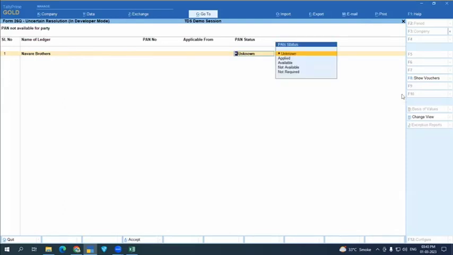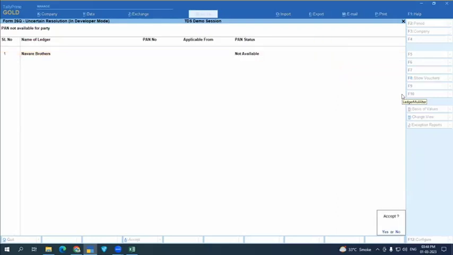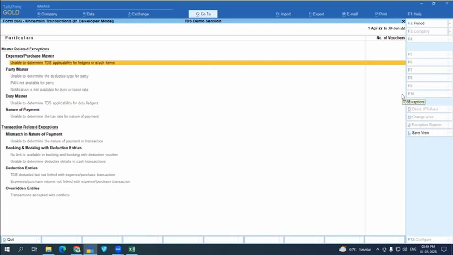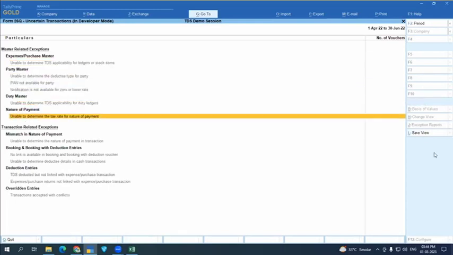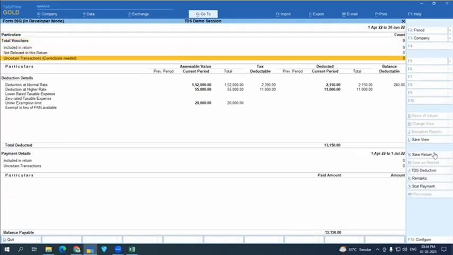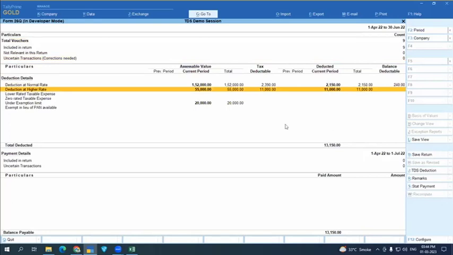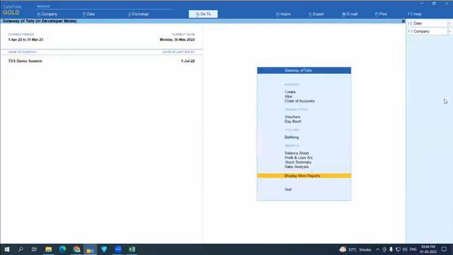Is it applied, is it available but you don't know, or not available? So I can say not available. Then the errors are 0. And see here, it is under deduct at higher rate. That is activated. Actually it was planned to show you in the next scenario, but let's complete it because of that question and answer.